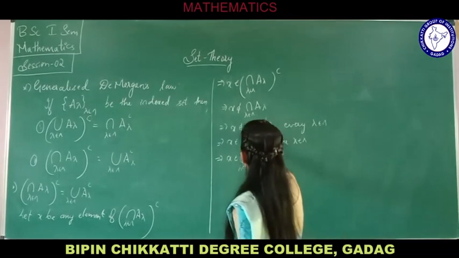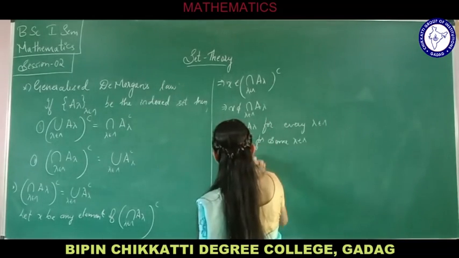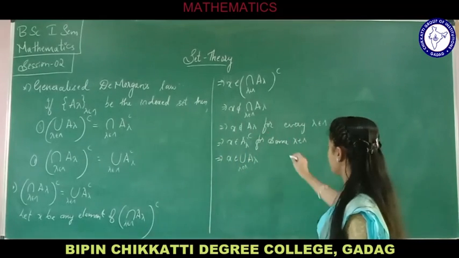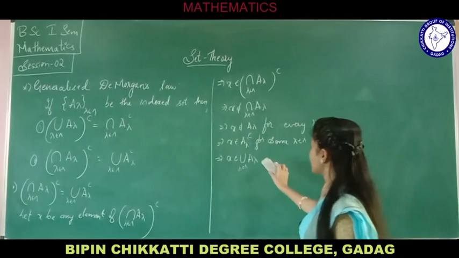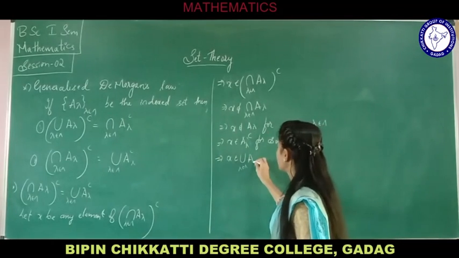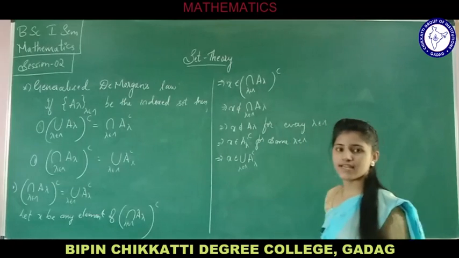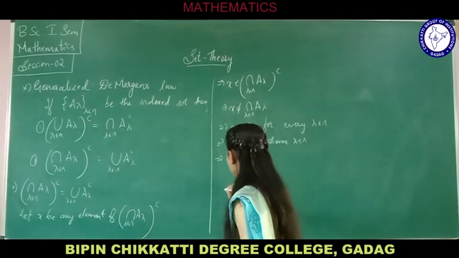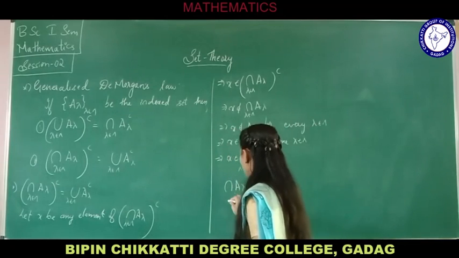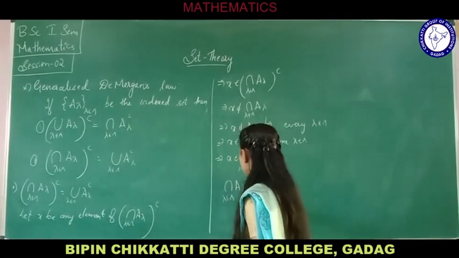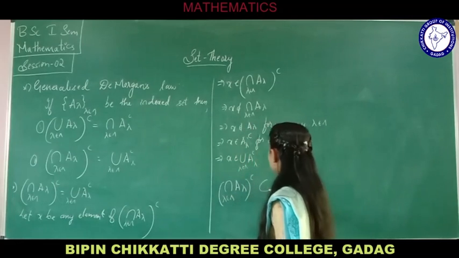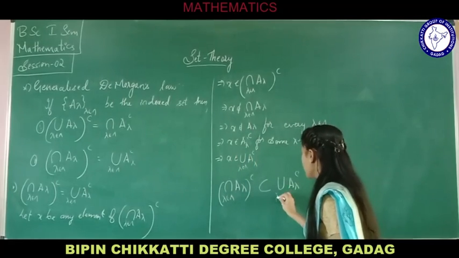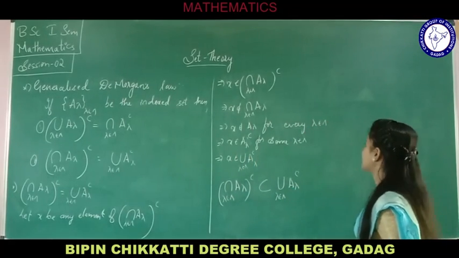If so, it is going to belong to the union of A lambda complement. It means what we proved is that the complement of the intersection of A lambda, lambda belongs to this indexed set, is a subset of the union of A lambda complement where lambda belongs to this indexed set.